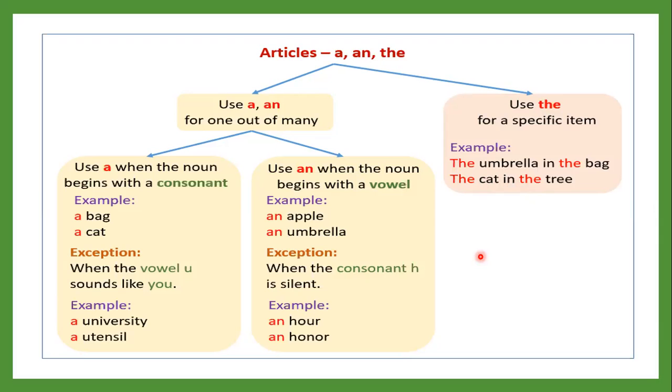Okay, so let me ask you some sentences and then we'll move forward. Okay, students? The first one. Tin is dash useful metal. Now what's going to come here? Okay, thank you, Anita, for the answer.